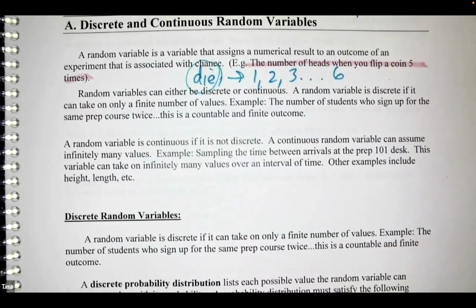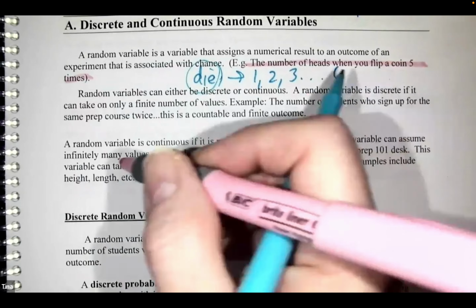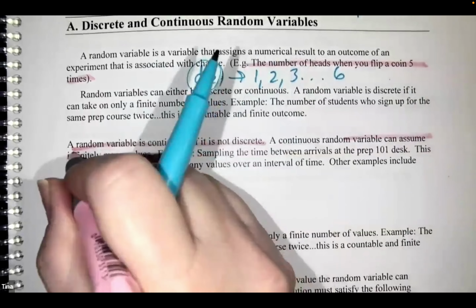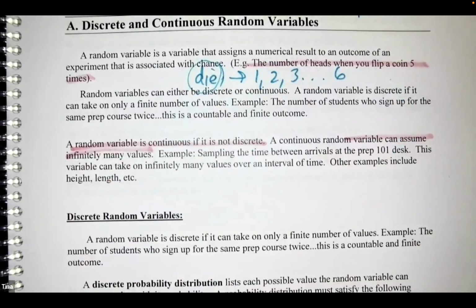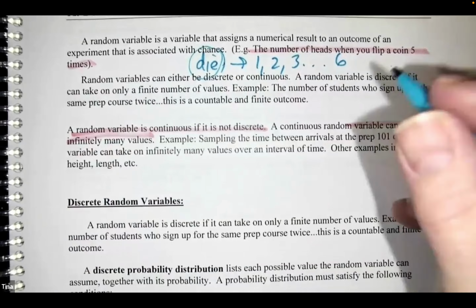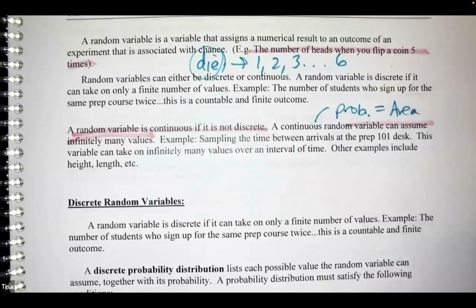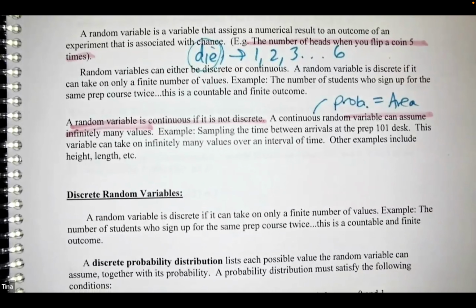But if it's a continuous random variable, then it's not discrete, and the variable can take on infinitely many different possible values. Under a continuous random variable, the probability is going to be the area under your graph, whether it looks like a uniform graph where it's a rectangle, or a triangle, or the normal distribution.